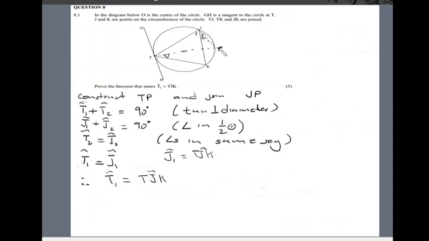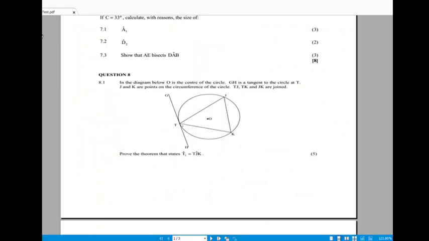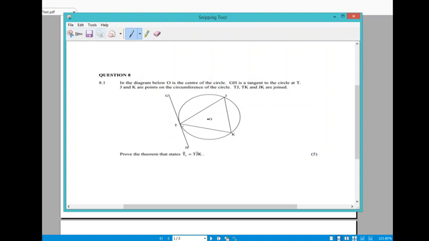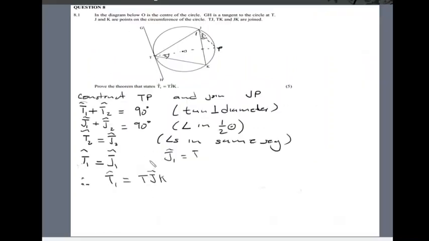And then there's also another way of proving this theorem by using the theorem that angle at center is equal to 2 times angle at circumference. So I can quickly show you, which means we will need to construct here.